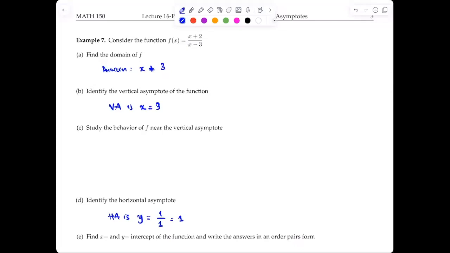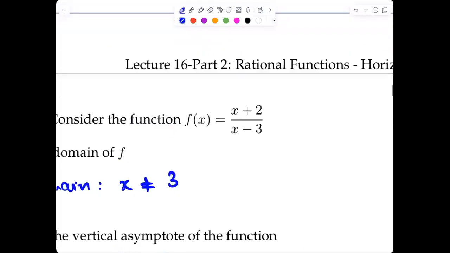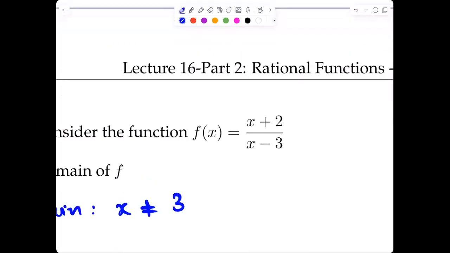Anyway, do you know where I got this number of 1 and 1? Not the power of it. All right. So remember, when the power is equal to the power, then the horizontal asymptote is going to be the ratio of leading coefficients.